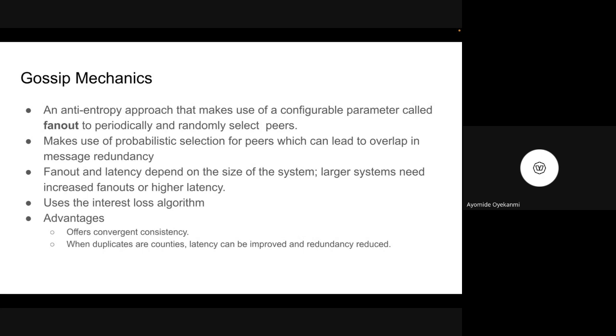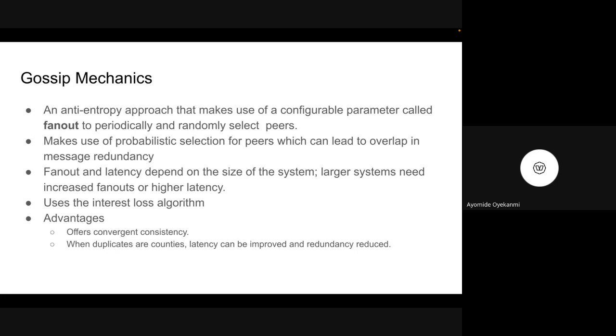That is where the overlapping message redundancy comes in. One node can send the message to another node, and someone else can send the message to the same node, and then there is redundancy. In general, in gossip protocols, we want to reduce the amount of redundancy throughout the system, so that we're not doing more work than we need to.